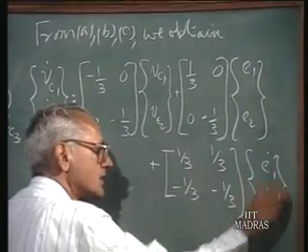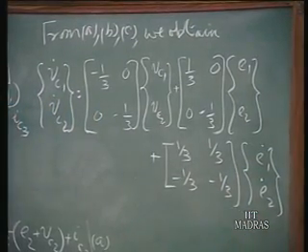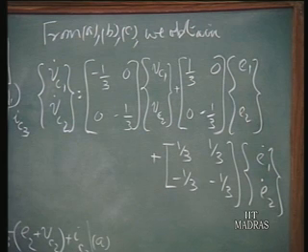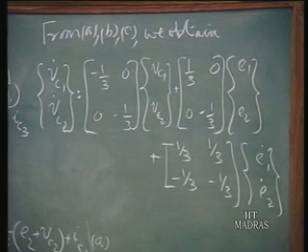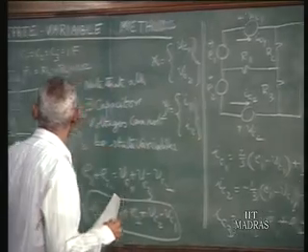So this is the new E matrix that we have got now. The output quantities we want are I1 and I2.